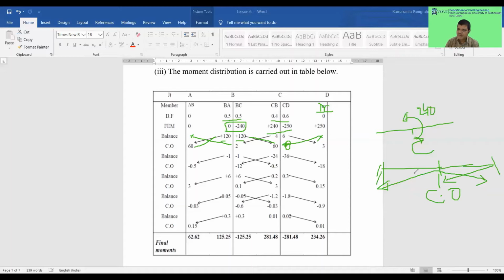Whatever unbalanced moment you get at the joint in this member, for this span the moment will carry over from here to here, and in this span from this joint it will carry over to the next, and whatever value is here will also be carried over here. This is how the carryover concept is implemented. If you understand the first step, how the balance and carryover work, all the balance and carryover follows that rule.